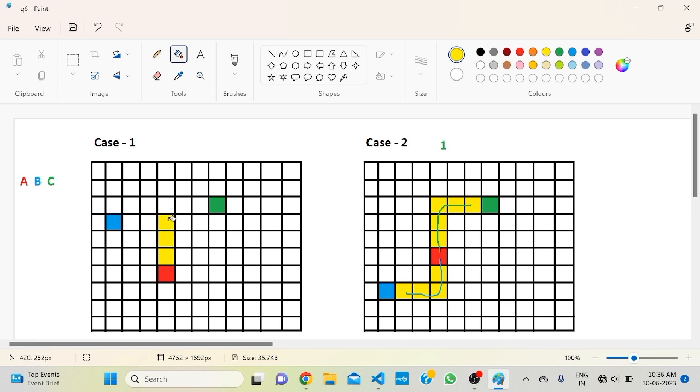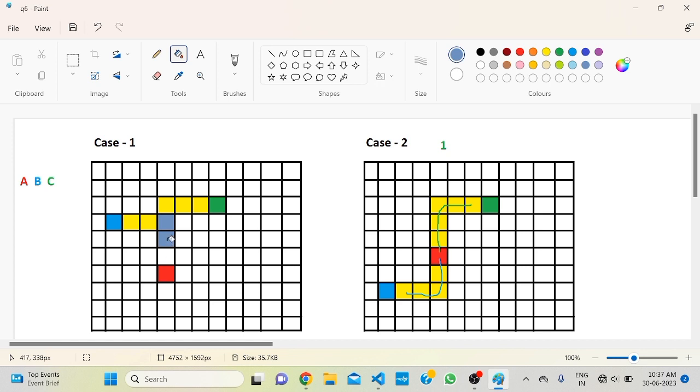And from here Bob will go in this direction and Carol will go in this direction. So how many common blocks are there? This and this one, and this red one is also common. So a total of 4 common cells are there.